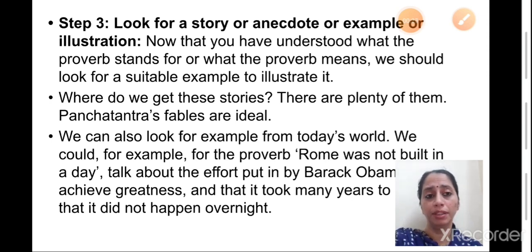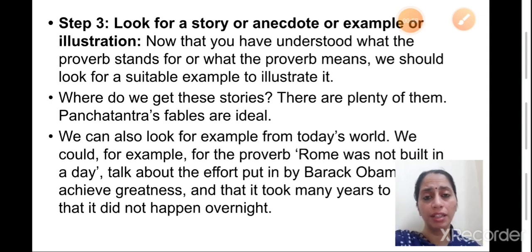For example, we can talk about the efforts put in by Barack Obama. Now, who is he? He was the 44th US president. Okay, he also faced many problems. The major problem was his skin color. Okay, but in spite of all these things, he could achieve greatness in his life.